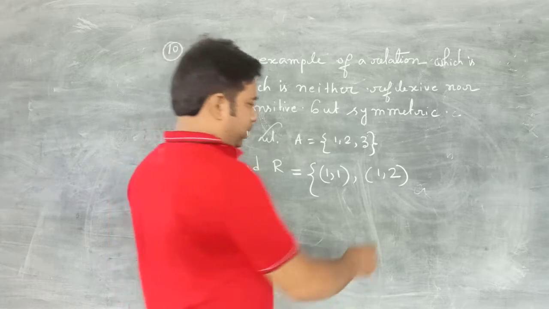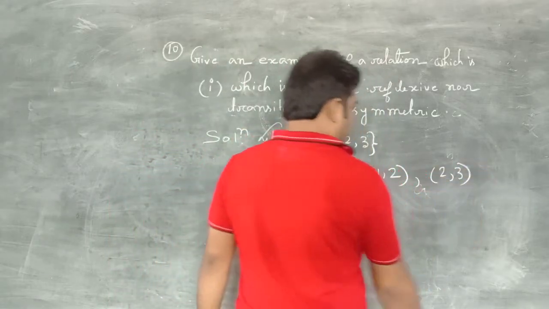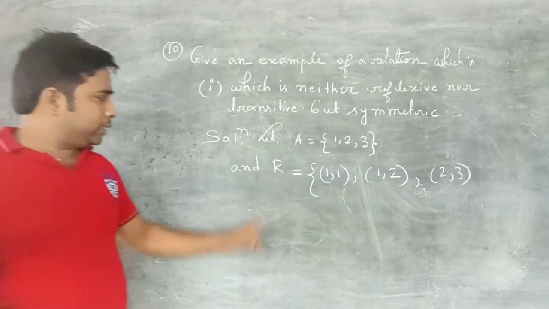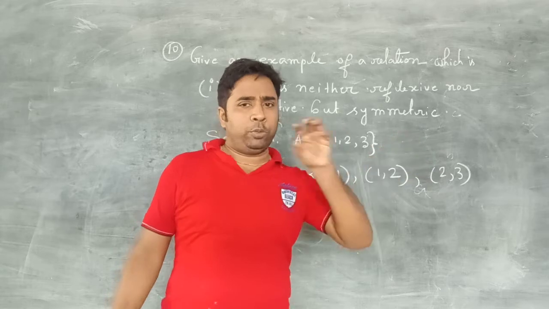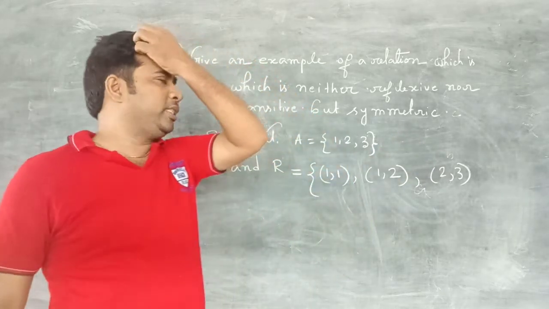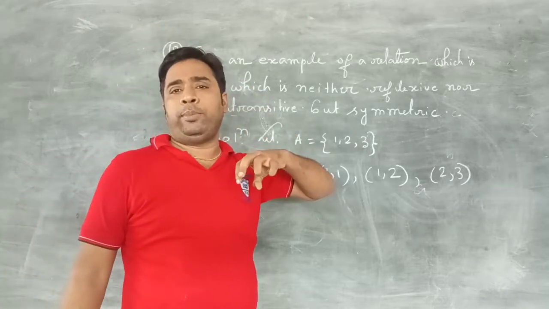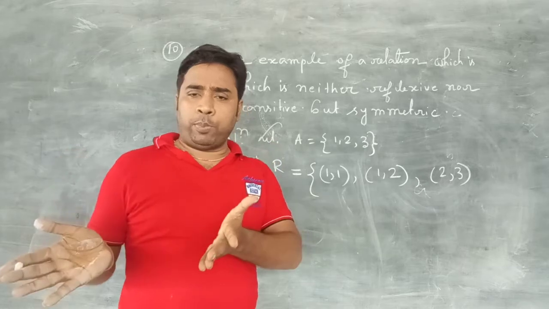I am writing (2, 3). Now the elements of these relations should be taken from the set A cross A. You cannot take the elements from any other set.